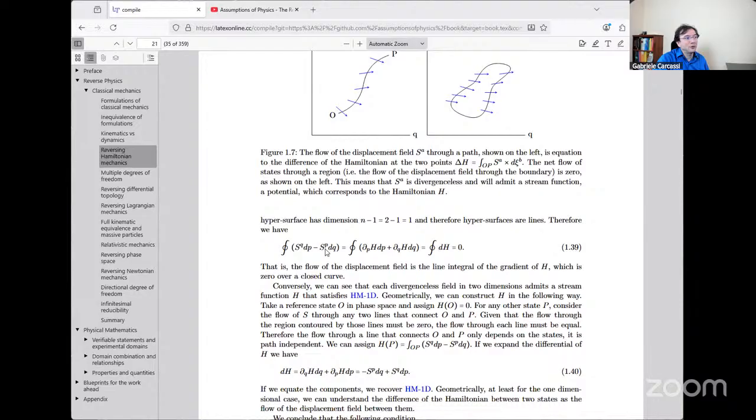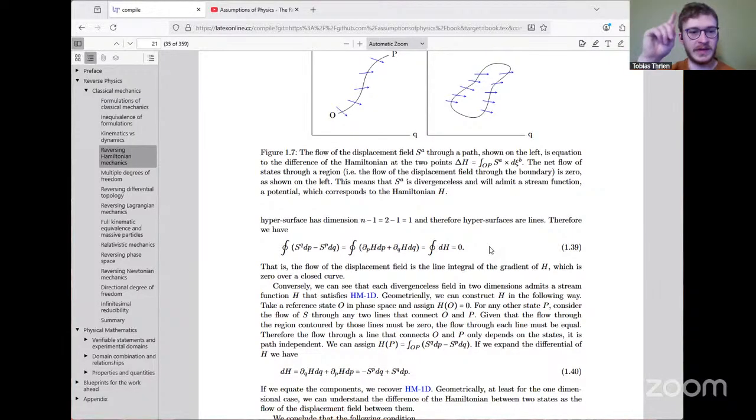And then again, you do the same substitution with the displacement field with Hamilton's equation, and then you find that this is just the differential of the Hamiltonian, which over a closed loop is going to be 0 because you're starting at a point, and so you're doing H at that point minus H at that point, and it's simply 0.